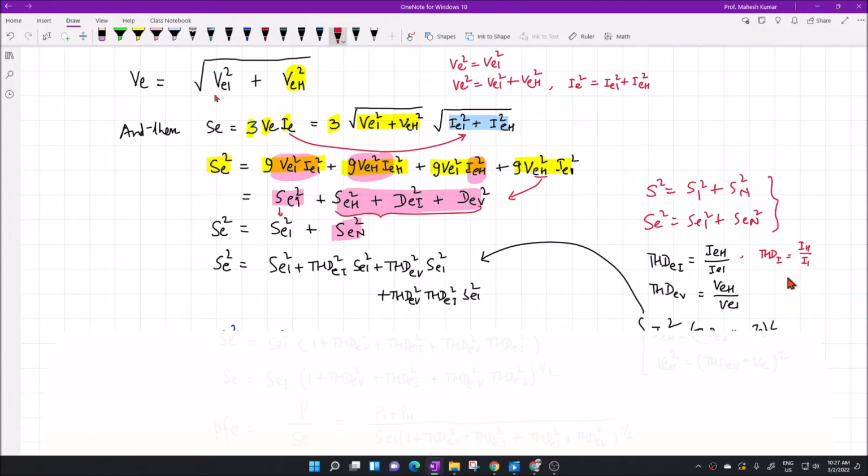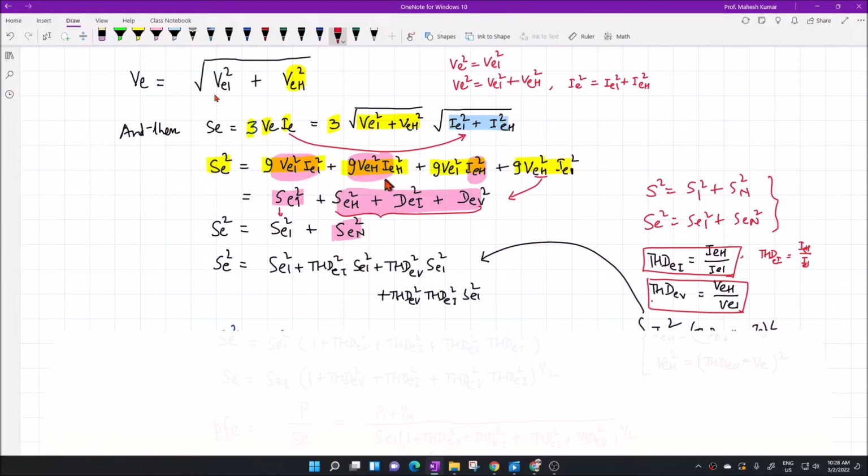Now E is an additional subscript, so this is E, this is E, this is E. That's all. Similarly, THD in voltage is expressed as BEH by BE1. So use these definitions to simplify the expression for the apparent power.